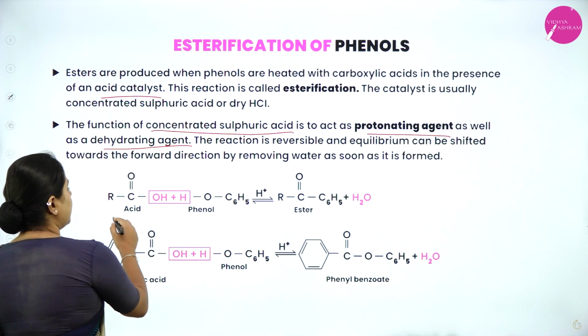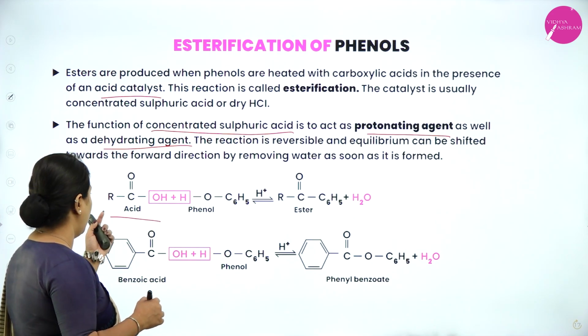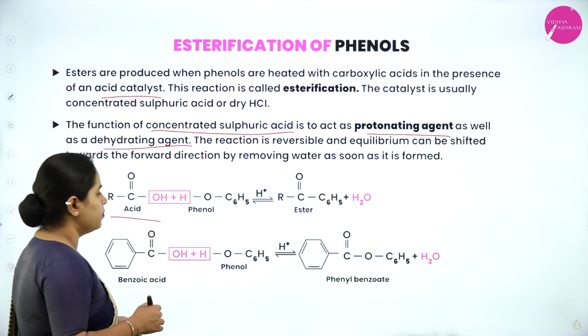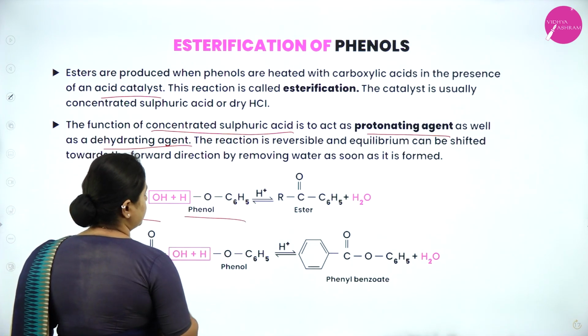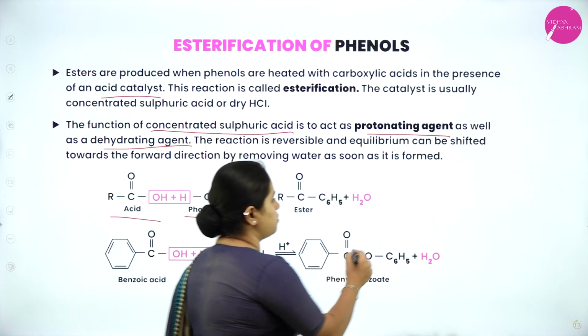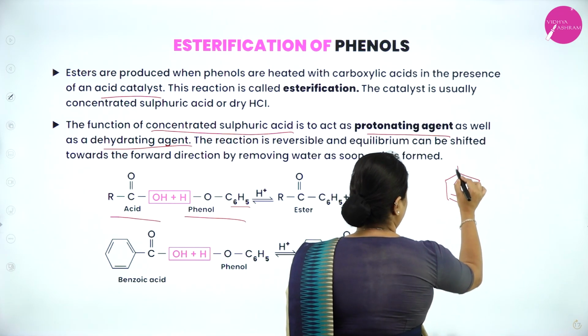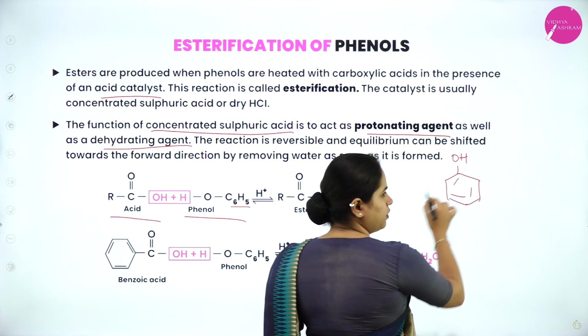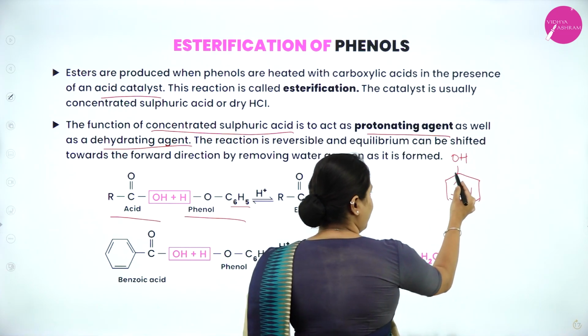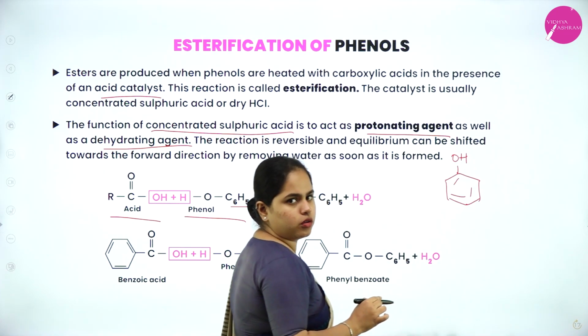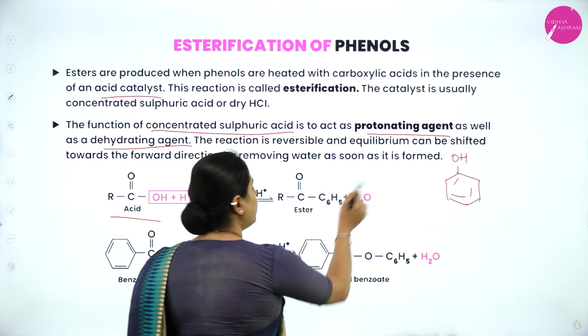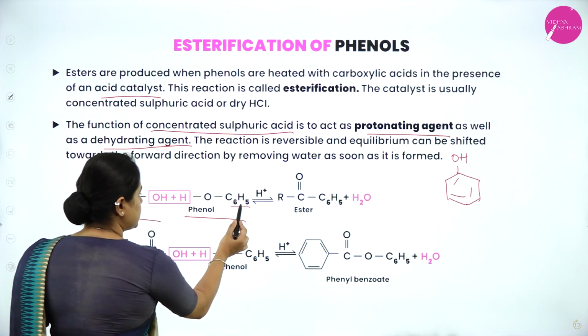So we can see here an acid is taken, general representation RCOOH, right? To which phenol is added. So C6H5 stands for this part, right? This is your phenol. So this is C6H5, the phenyl part is C6H5. One hydrogen is being replaced by hydroxyl group. So this is C6H5OH which is shown here.